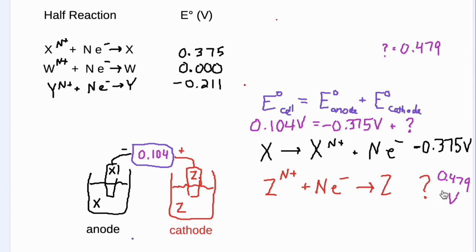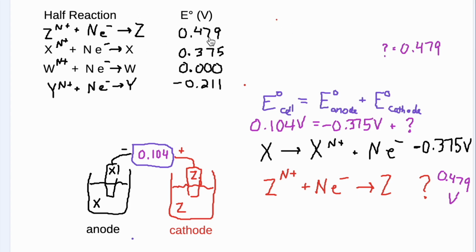So this will be a positive 0.479. So this would go at the very top of our table. So I've added this into the top of the table. We have a 0.479 for the metal ion Z gaining some electrons and going to solid metal Z.